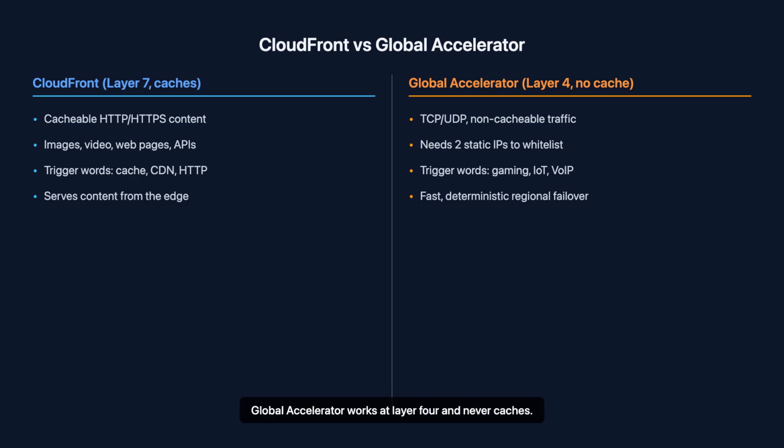Global Accelerator works at layer 4 and never caches. Reach for it with TCP or UDP traffic that can't be cached, when you need those two static IPs to whitelist, and when you want fast, deterministic regional failover. Its trigger words are gaming, Internet of Things, and Voice over IP. Cacheable web content goes left, static IPs and raw protocols go right.